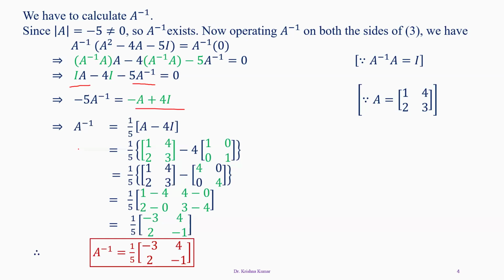Therefore, A inverse is equal to 1/5 times [-3, 4; 2, -1].